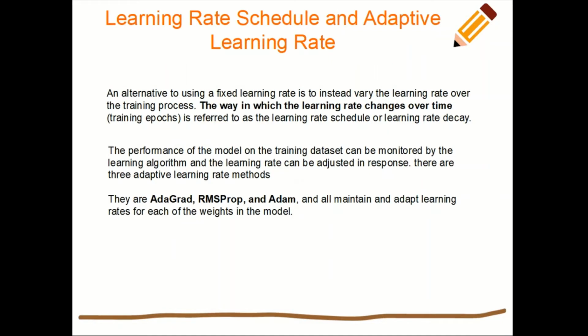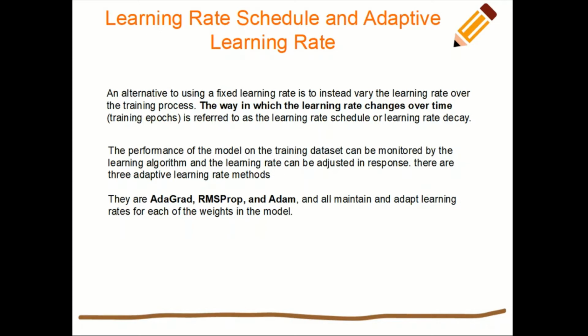Okay, now what if we wanted to change the learning rate as we train the models? So there is a concept of learning rate schedules. There are ways to automatically change the learning rate as per the schedule. So we can decay the learning rate as we step through the epochs of the model. So that's one way.